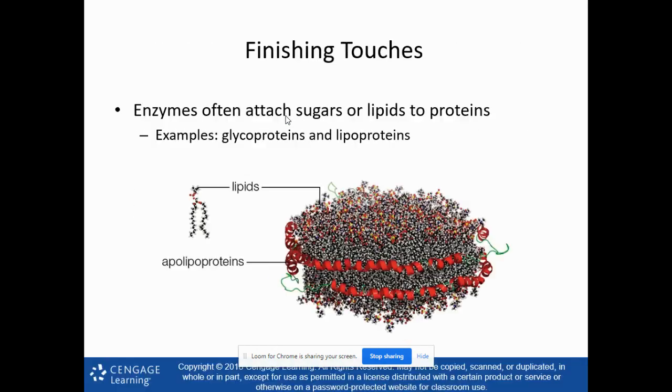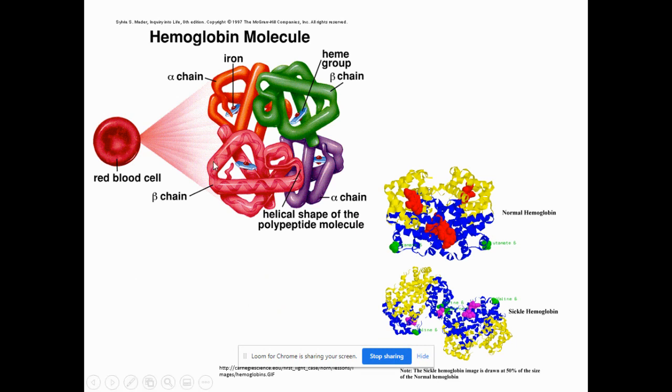If we go back to hemoglobin, what's the function of hemoglobin? We'll talk about this in later chapters as well, but it carries oxygen to your cells. Hemoglobin is a major protein of your blood, found in your red blood cells.